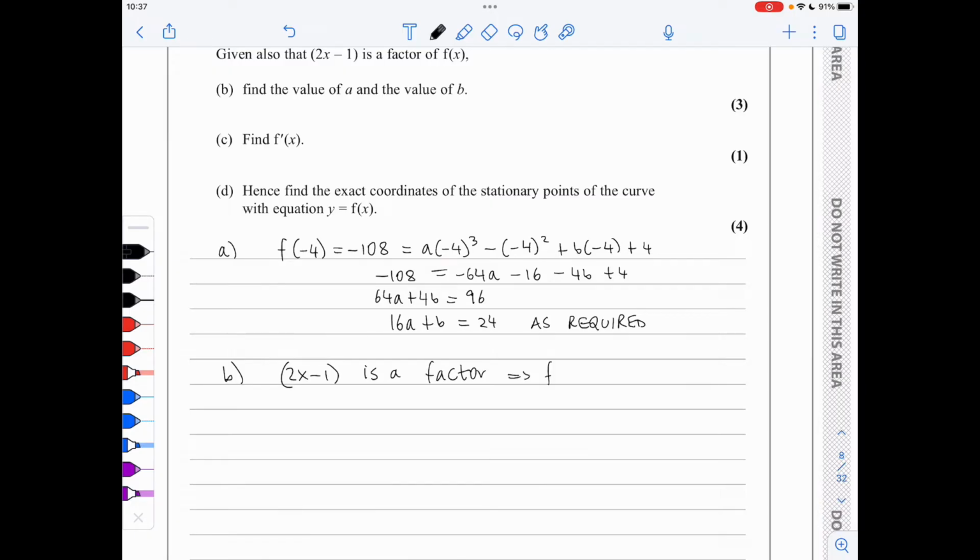So we will use this fact to extract another equation, another relationship between a and b. So we get that 0 is a times a half cubed minus a half squared plus b times a half plus 4.